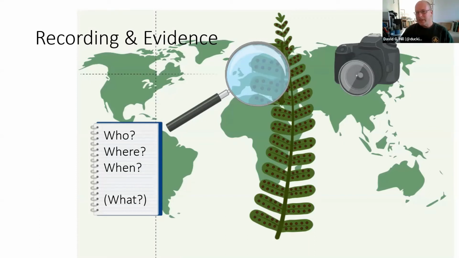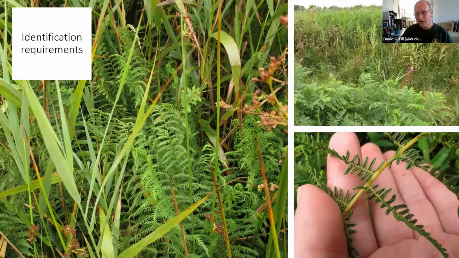So this is an example of a fern where you might need to do some more work. The first thing I'd look at, on the bottom right, is the picture of the back of the frond. Usually it's more important than the front of the frond, because I can see the reproductive structures. So I can see the sori, which in this case just cover the whole of the back of the frond, the pinnules.